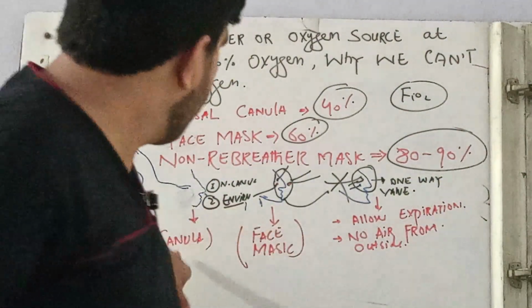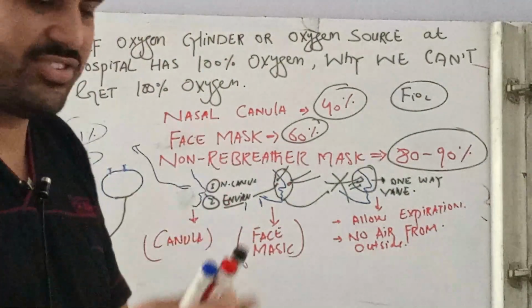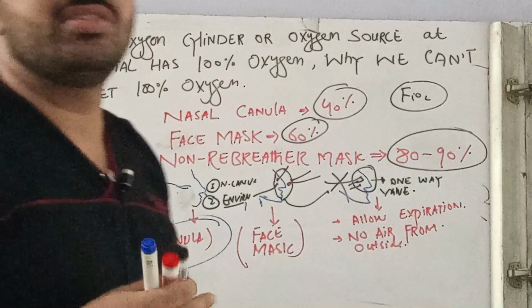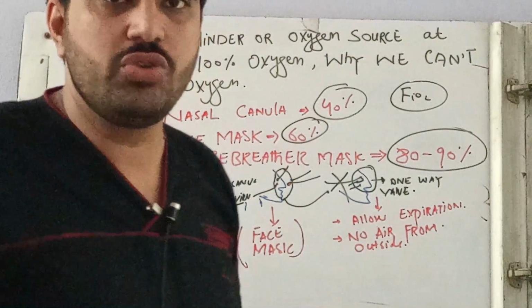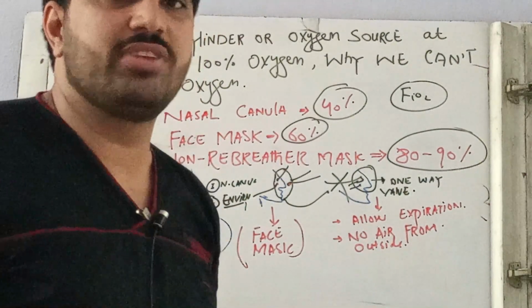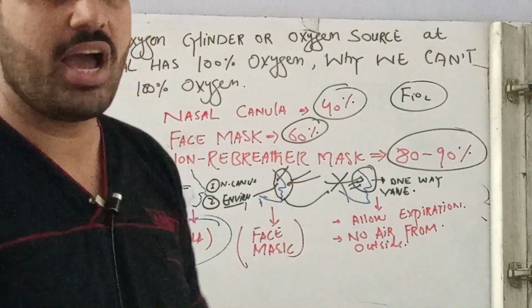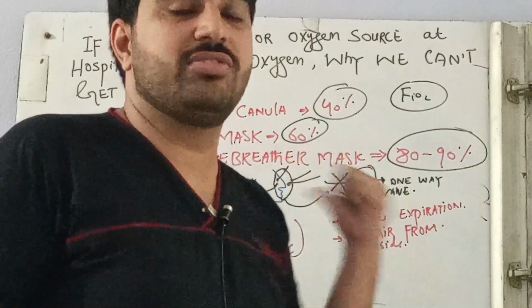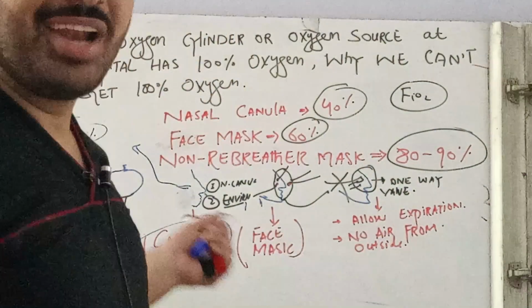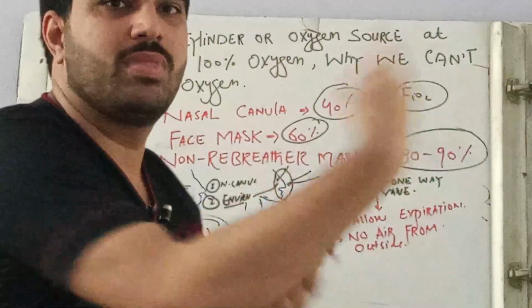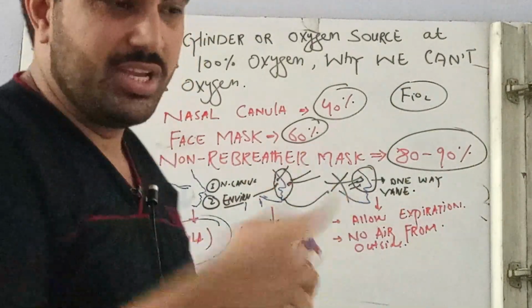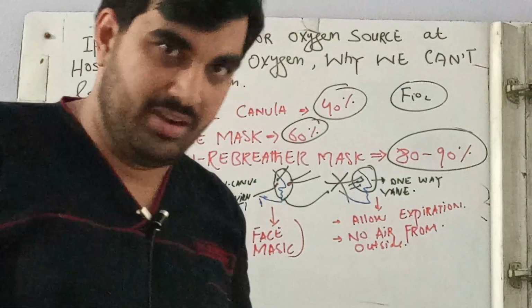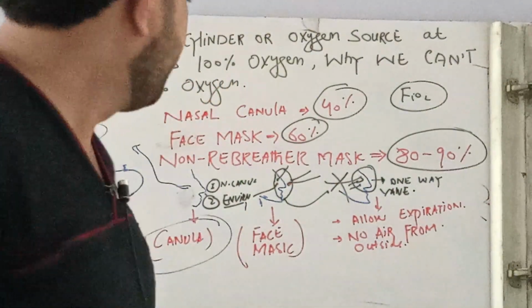Now with the nasal cannula, you cannot give more oxygen than 6 liters. Why? That is the maximum oxygen that the nasal cannula we use in our wards can give, not the high flow nasal cannula. With the high flow nasal cannula, you can go up to 40 liters. But with the ordinary one, it produces turbulence, and when it produces turbulence, we cannot achieve our desired effect.